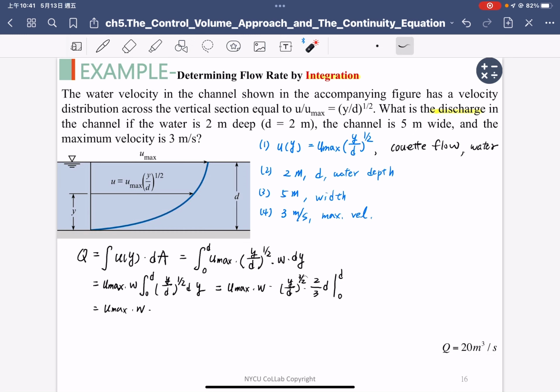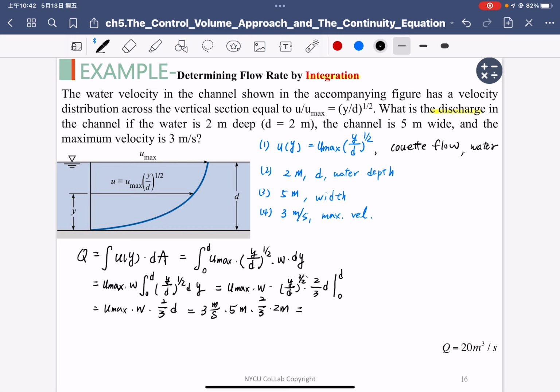So finally we only have 2/3 D. You can put all of the numbers in: u maximum is 3 meters per second, the width is 5 meters, then the factor 2/3, and D, the water depth, is 2 meters.